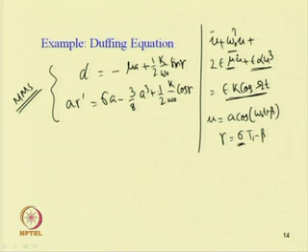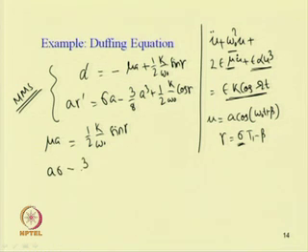Now, for steady state motion, as they are not functions of time, A dash and gamma dash will be equal to 0. So, one can write the equations in this form: mu A equal to half k by omega 0 sin gamma, and A sigma minus 3 by 8 alpha by omega 0 A cube equal to minus half k by omega 0 cos gamma.